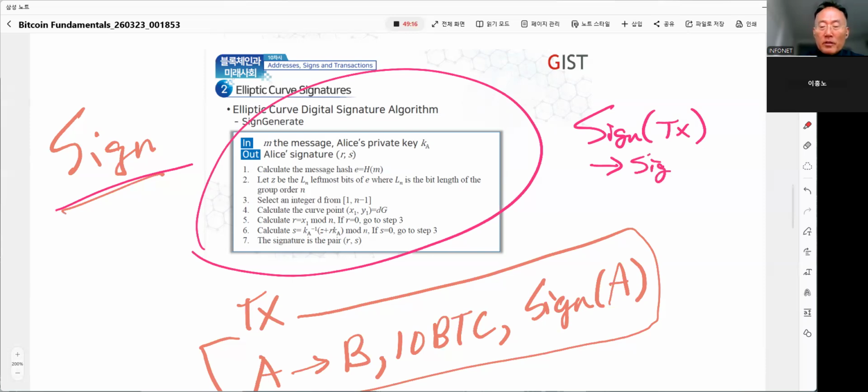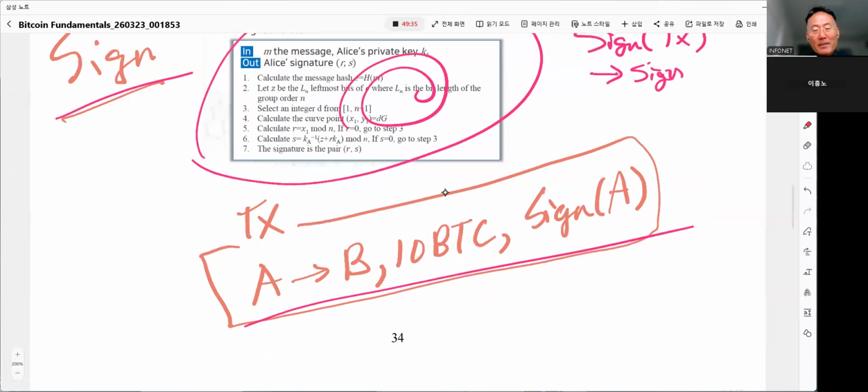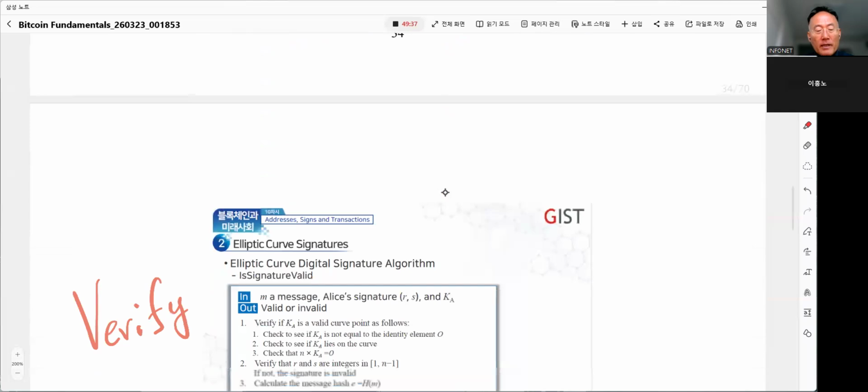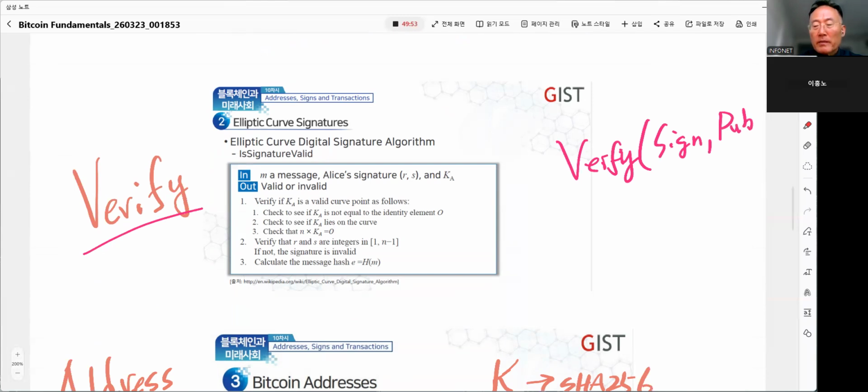You sign your transaction using this algorithm that NIST published, and then others will verify the signature with the public key.